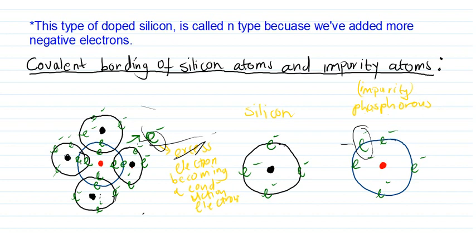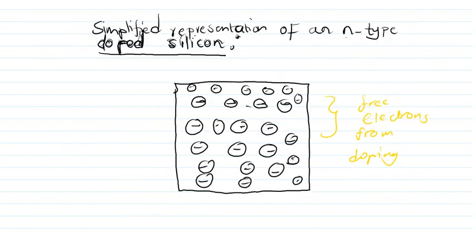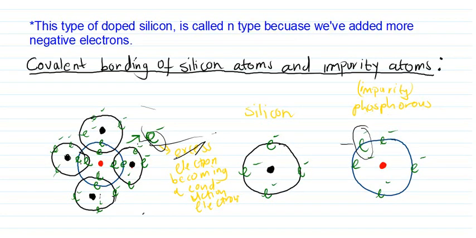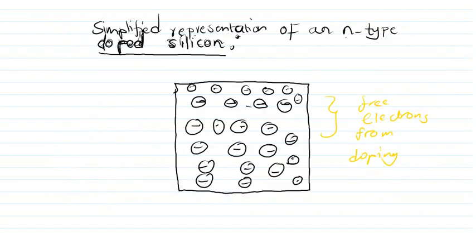Moving on, guys. Now, instead of looking at the silicon atoms and the impurity atoms, it's complicated. So let's just look at a simplified representation of that silicon doped crystal whose conductivity now has been enhanced by the presence of free electrons in the conduction band. As you can see, we assume this is our silicon crystal.